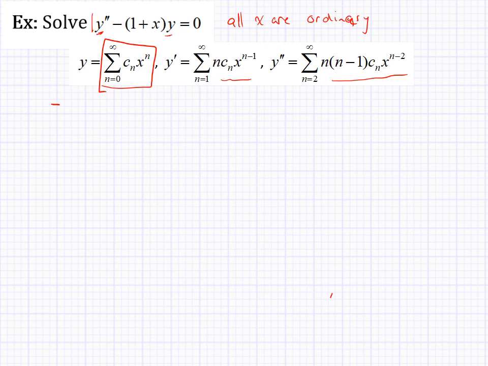I'm going to get the sum of n equals 2 to infinity of n times n minus 1 c sub n x to the n minus 2, minus 1 plus x times the sum of n equals 0 to infinity of c sub n x to the n equals 0.